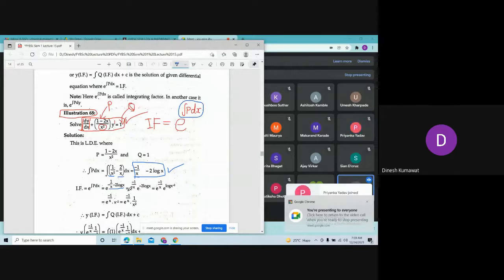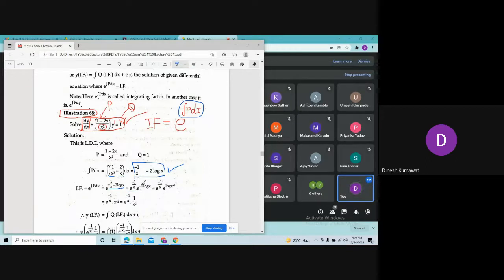So here we are having e to the power minus 1 upon x into e to the power minus 2 log x. Now take this minus 2 to the power of x. So it becomes x to the power minus 2. So you can see this is also the log to the base e. So the answer of this is 1. We are just left with x to the power minus 2. And we can write this x to the power minus 2 as 1 upon x square. And this term is as it is.